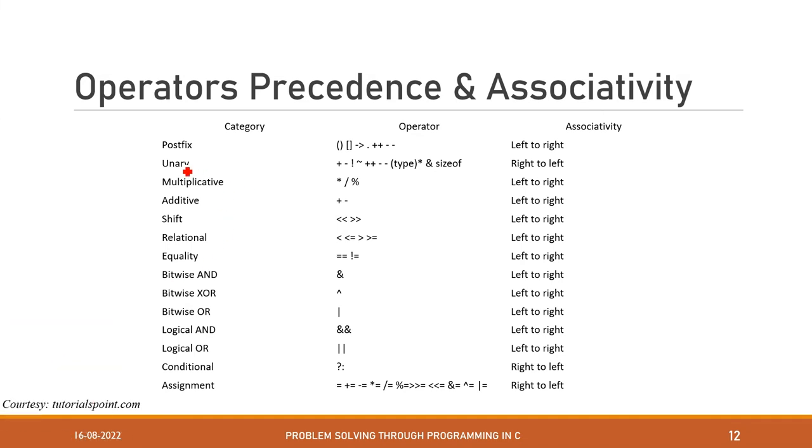Okay, so we are talking about these relational operators: greater than, less than, less than or equal to, greater than or equal to. So this has an associativity of left to right. That means if you have an expression with multiple such operators, and these are all of the same precedence, so this is also written in the manner of precedence.